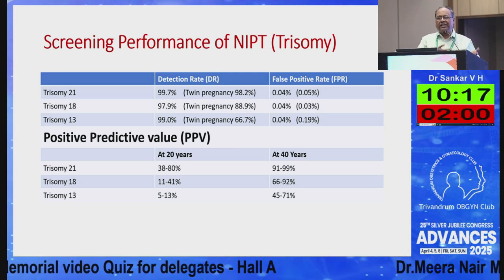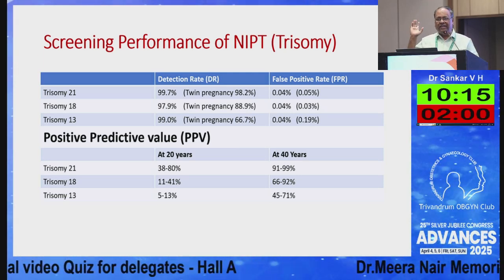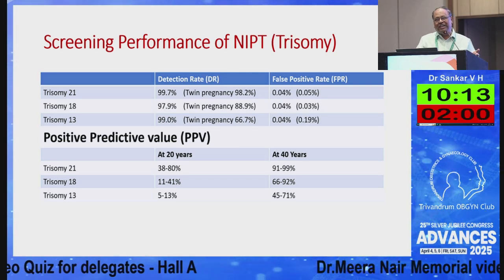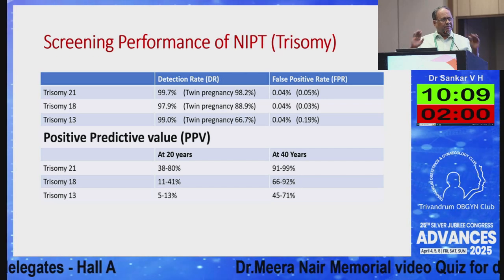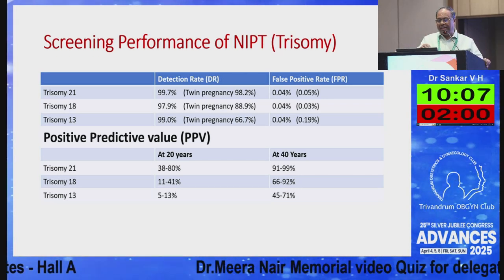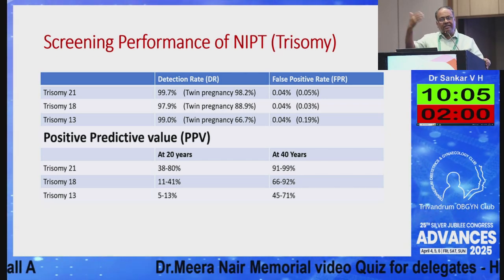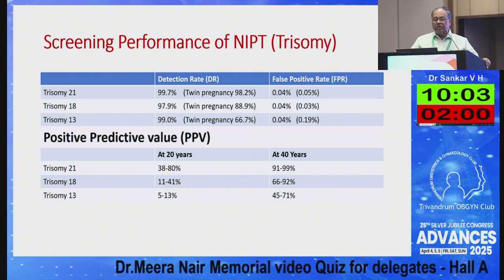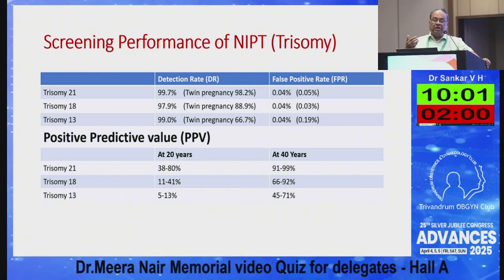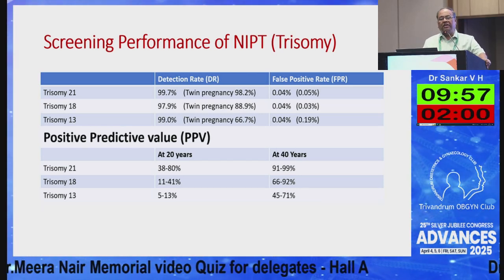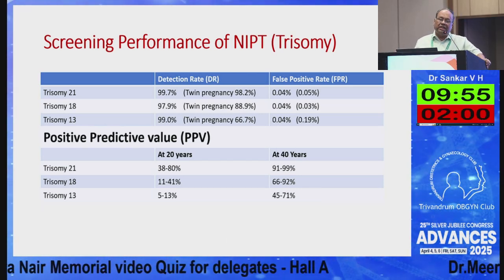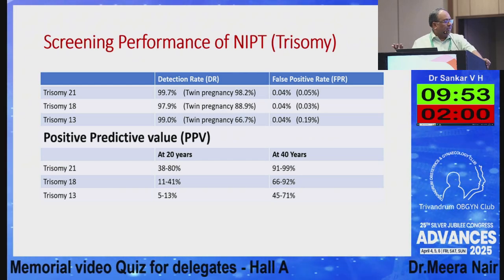If we are doing a screening test for Leishmania donovani, our PPV will be very, very low. That is a basic principle of any PPV. So here, when age is advanced, the a priori risk is high, so the positive predictive value is up to 99%, 91 to 99%. Whereas at 20 years, the positive predictive value is only 38 to 80%, that varies.